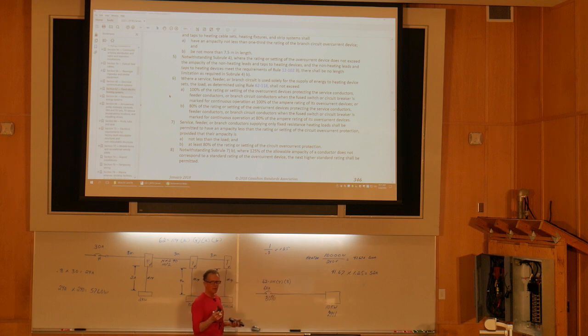And the unique thing is, with this fixed resistance heating load, 41.67 amps is all it's ever going to draw. It doesn't overload. It's either that or less.